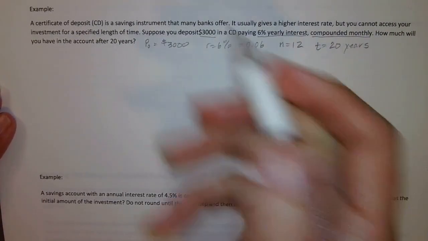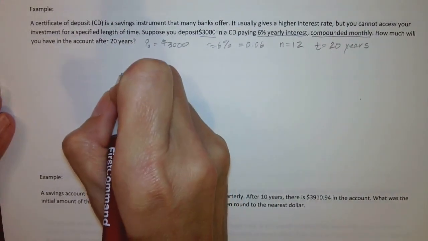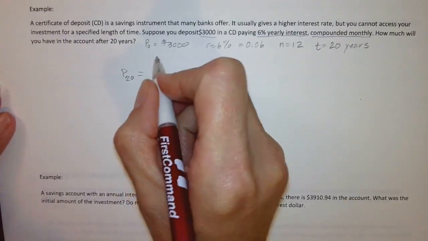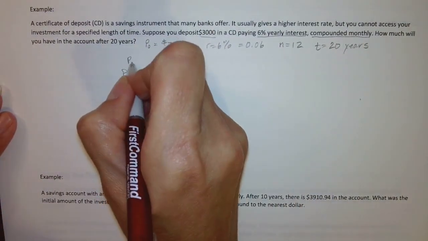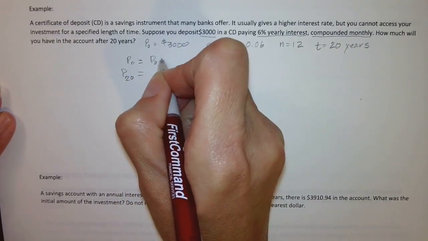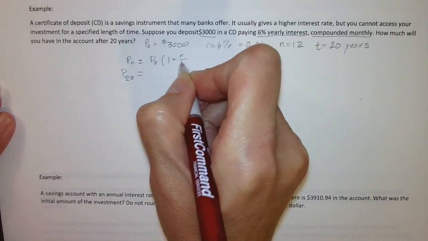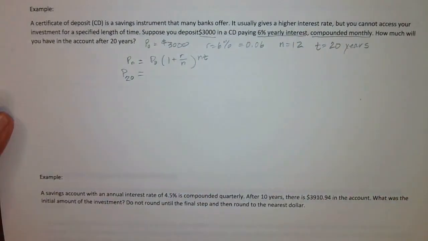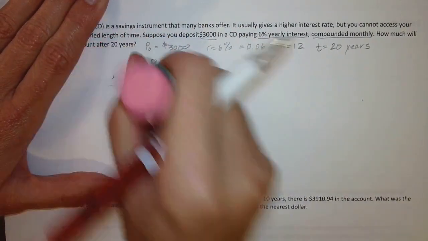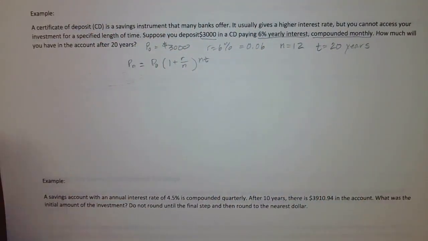So we want to know how much money you're going to have in there after 20 years. Let's go ahead and write the equation because it's not on this page. P sub n equals P naught times 1 plus R over N to the NT power. You don't have to write that. I just didn't have it right in front of me.